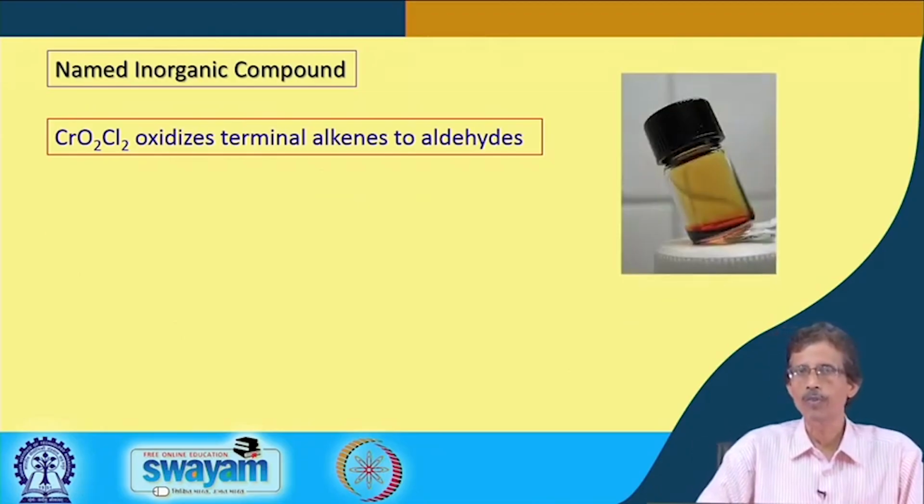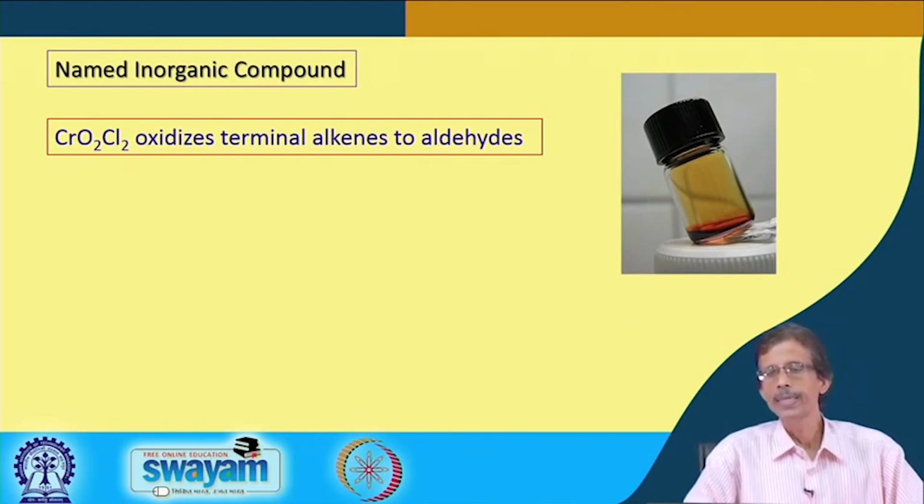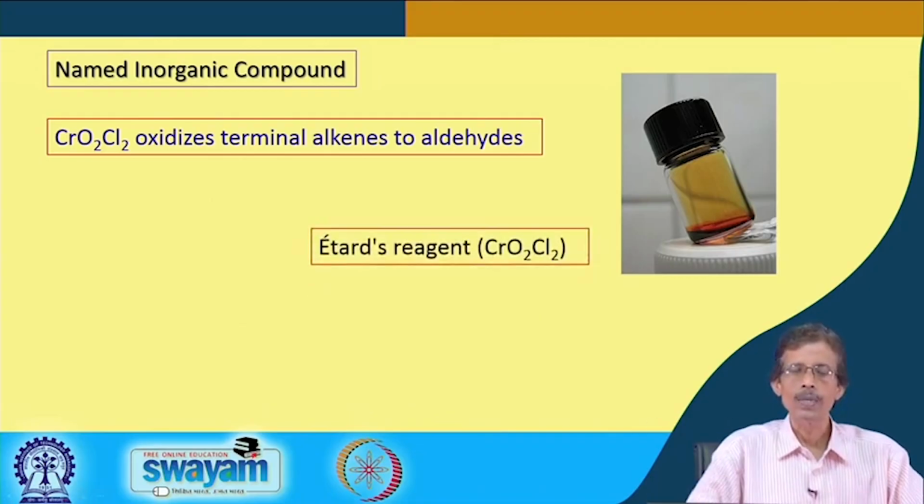This chromyl chloride should be prepared in situ, and then we can use this red liquid for other purposes. The scientist who first utilized this for a useful purpose, like the oxidation of terminal alkene to aldehyde, was Etard.